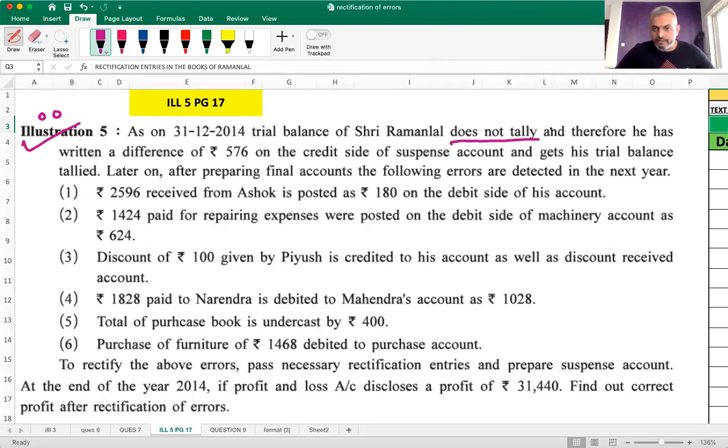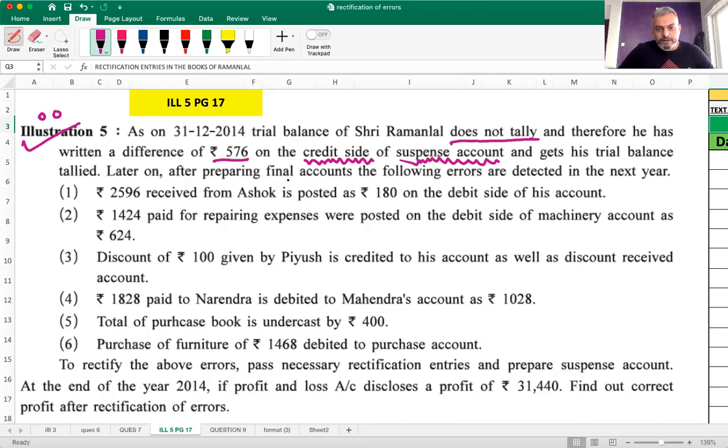It means there's going to be a suspense account, and therefore he has written a difference of 576 on the credit side of suspense account and gets his trial balance tally.